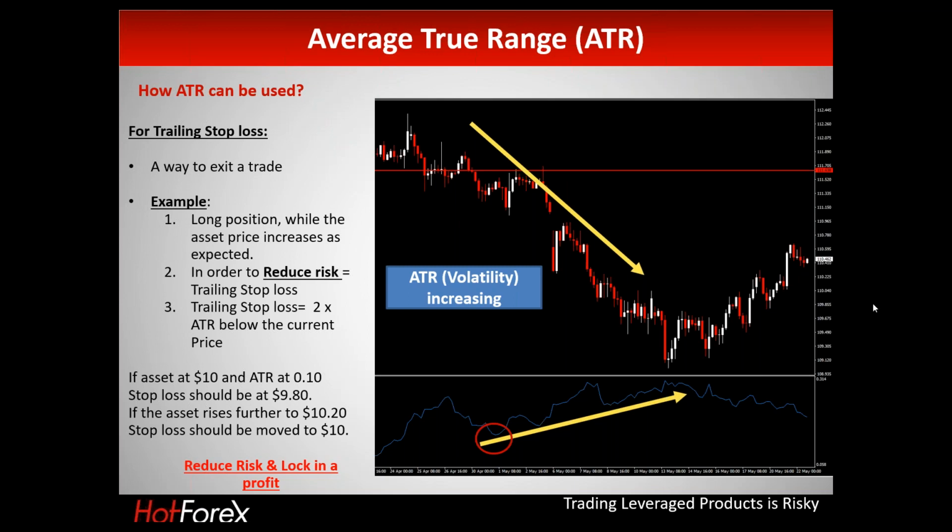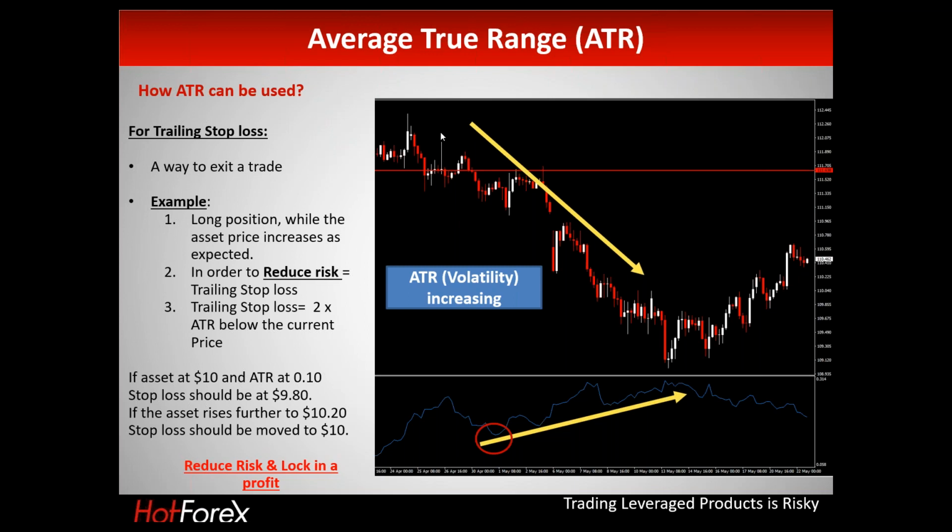At the time of the trade, look at the current ATR reading again, and you can place a stop loss at a multiple of the ATR. Two multiples of the ATR reading is quite common for placing your stop loss. Let's take that example once again.